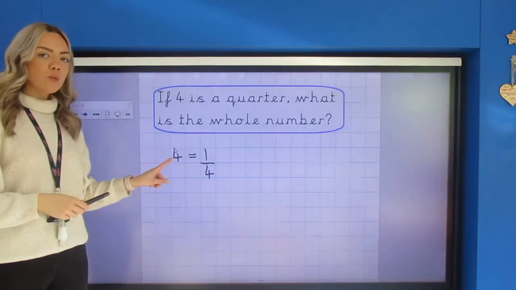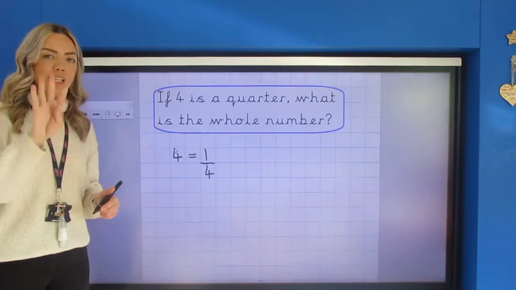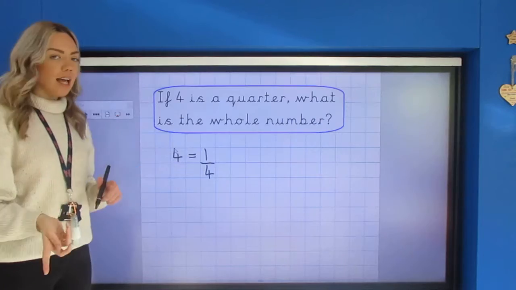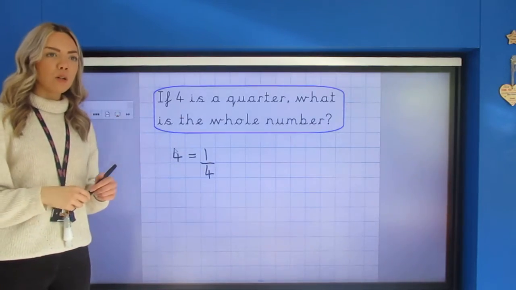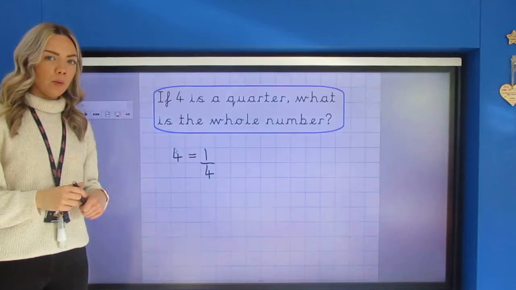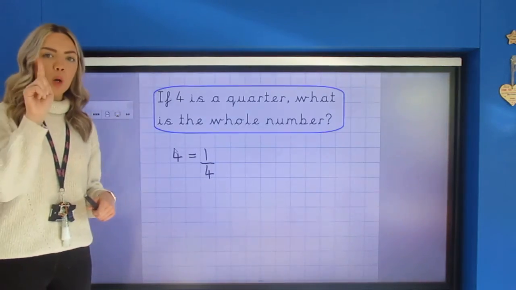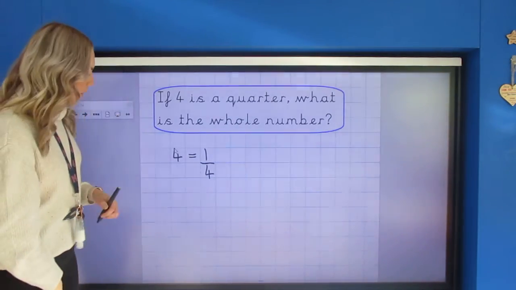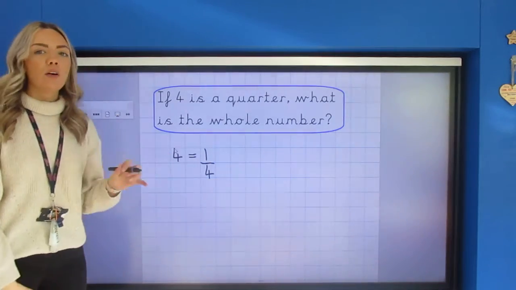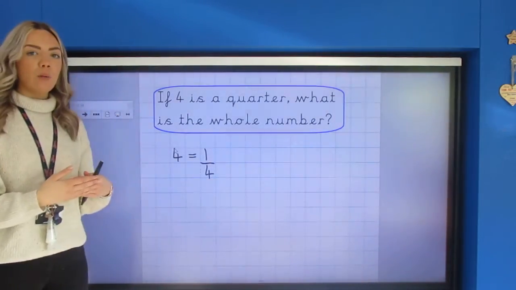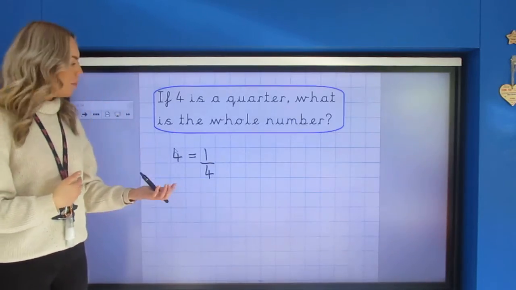So if 4 is 1 part and we need to find 4 parts, how many times do we need to multiply 4 by? We need to find 4 parts, but we only have 1. So we need 3 more, don't we? Okay? So there are a few ways you can do this, but what you need to remember is that we are going to do the reverse now. Okay?